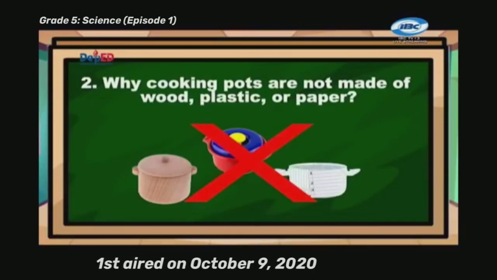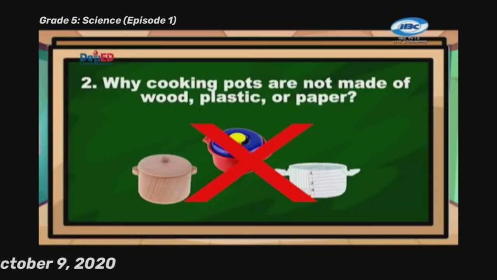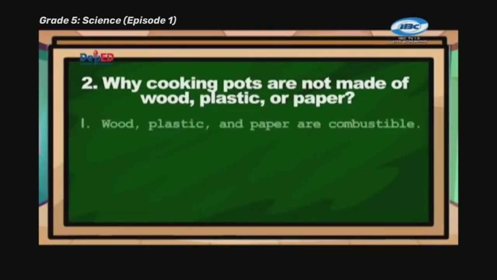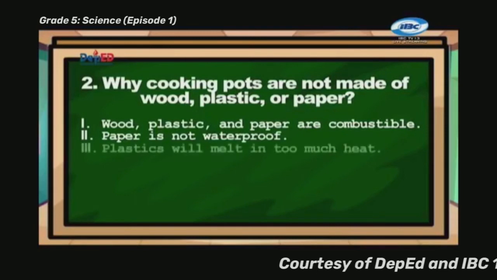Number 2. Why are cooking pots not made of wood, plastic, or paper? Children, choose the correct statement or statements below. 1. Wood, plastic, and paper are combustible. They will burn when placed over fire. 2. Papers will absorb water and easily get wet. 3.